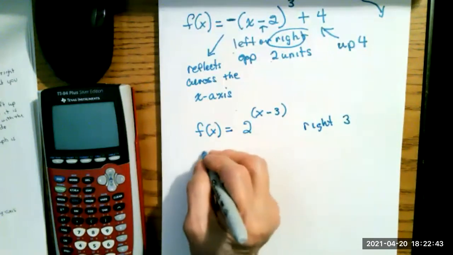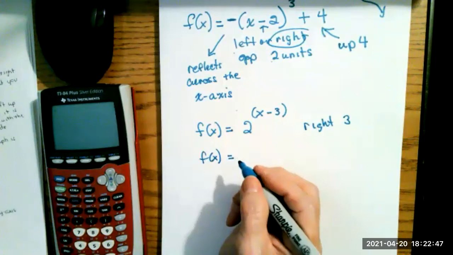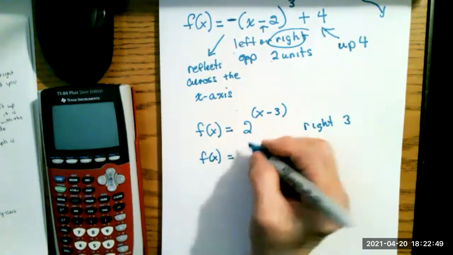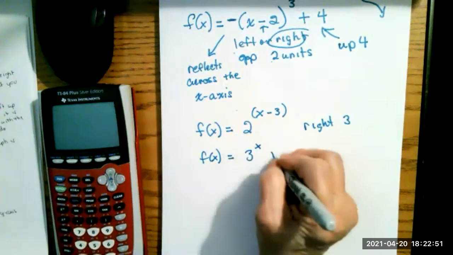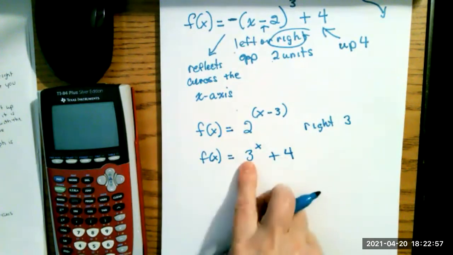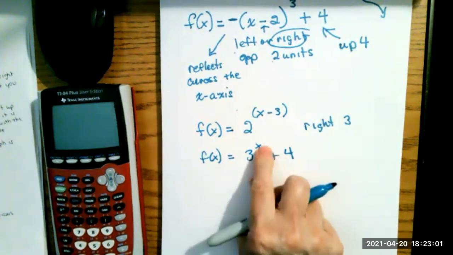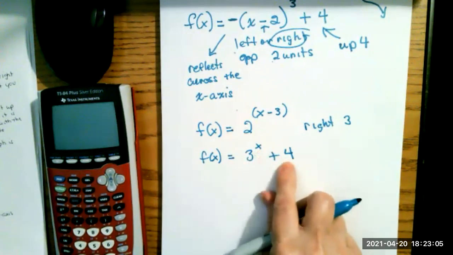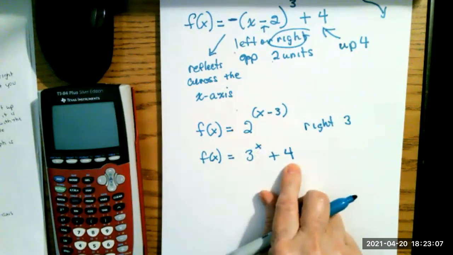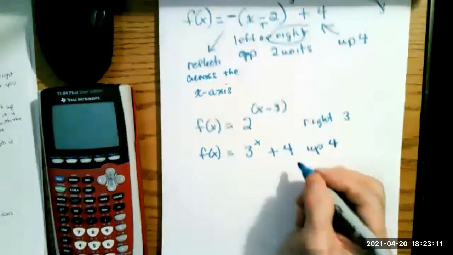What would f of x equals 3 to the x plus 4 do? 3 is your base, x is your exponent. There's nothing added or subtracted, so there's no left or right shift. What does this one do? It goes up 4.